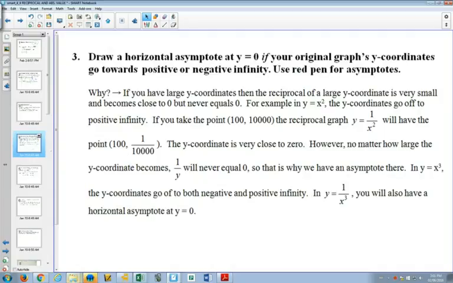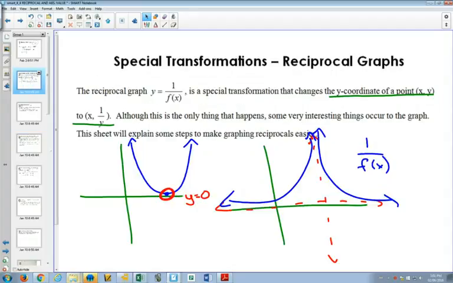Once you're done drawing your vertical asymptotes, you're going to draw your horizontal asymptote. On our graph here, we ended up with a horizontal asymptote at y equals 0. That happens because your y values here get bigger and bigger and bigger. Somewhere along here, the y value is going to be 100.